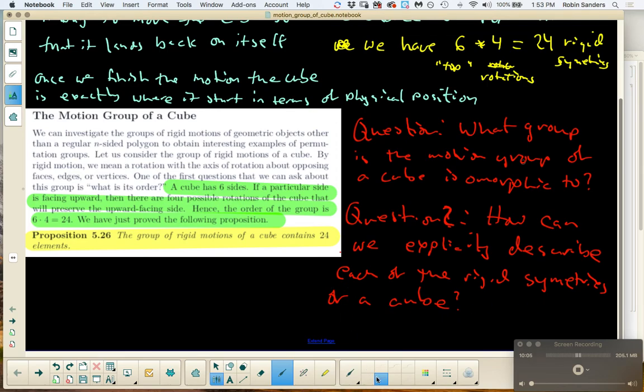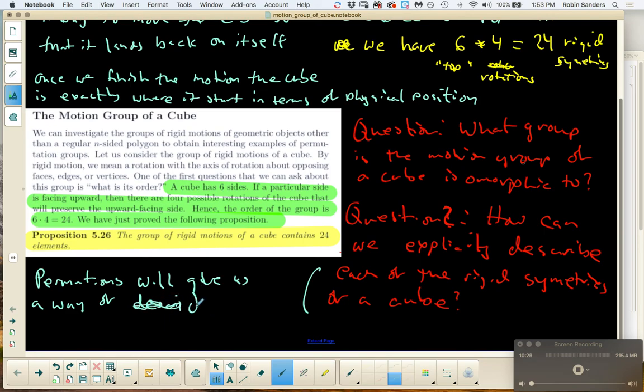And the critical idea that I want to set up right now is that using permutations will give us a way of describing the symmetries.